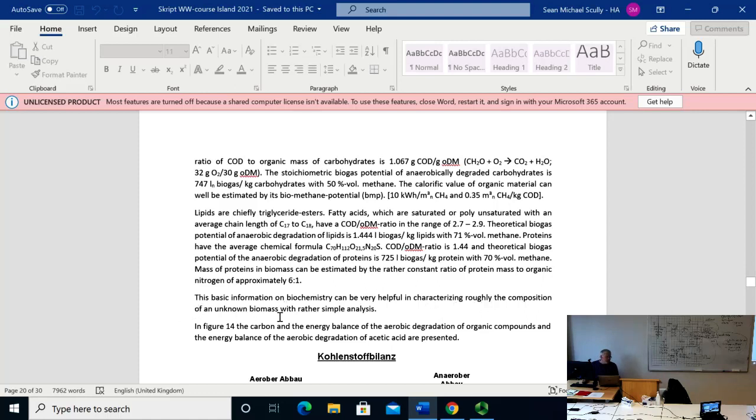If you get some organic waste, there's a rather simple analysis, because you just got to find out the COD to ODM ratio. You got to find out the ignition loss, and then you got to find out the Kjeldahl nitrogen or the organic nitrogen, so you roughly know what the proteins are, and then from the COD to ODM ratio you can roughly calculate what is carbohydrates and what's lipids.